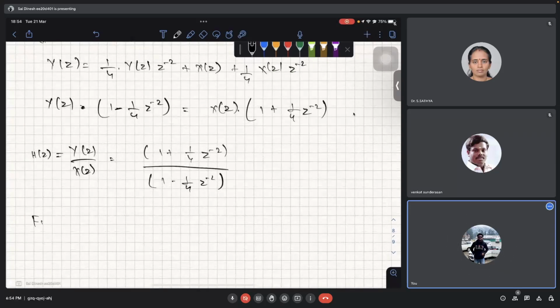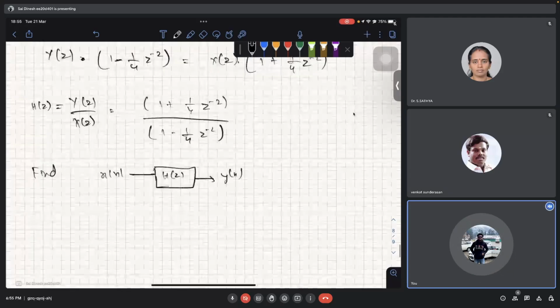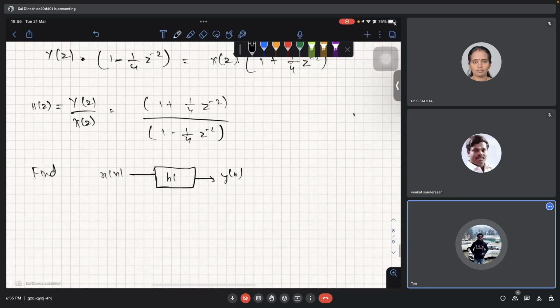So now find y of z. So we have an x of n and h of n, a system with transfer function h of z, and then we have to find y of n. So I mean time domain h of n.